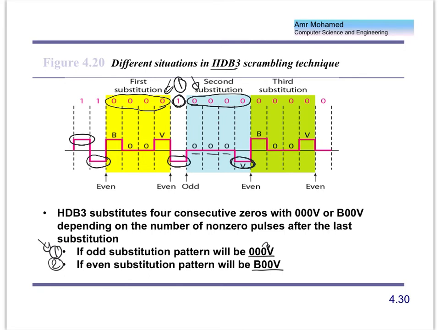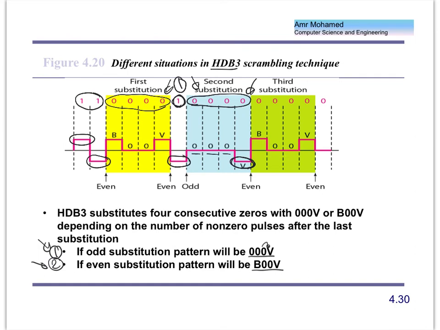So if this one is negative, the V will also be negative. So this is the concept of violate. Now if we have an even number of ones, like for example here and here.